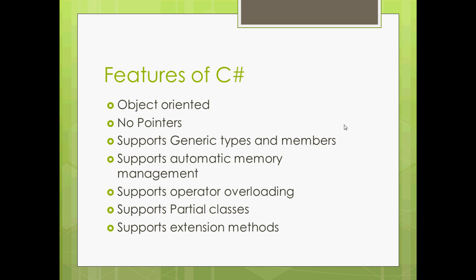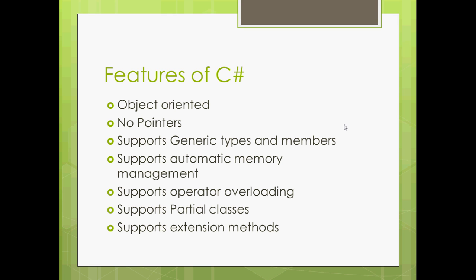Now there can be a scenario where another developer is implementing the same class and implementing some other functionalities like method 3, method 4, and when you compile both of these classes together, the C# compiler is intelligent enough to combine these two classes into a single class and provide all the method implementations in the object. But you have to specify your class as a partial class. Basically partial classes help in team development.